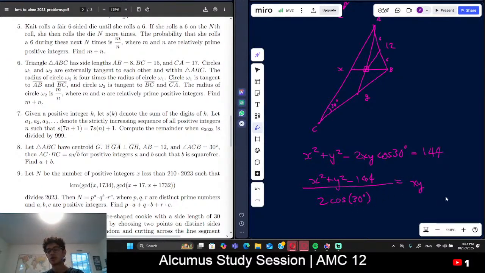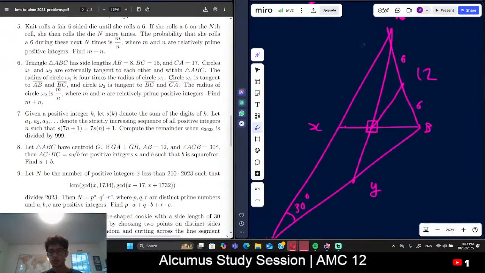That's one expression. We now need to figure out what it is. If we can find out x and y, obviously we're done. That's kind of stupid. So if we can find out x squared plus y squared in some way, we should be in good shape.